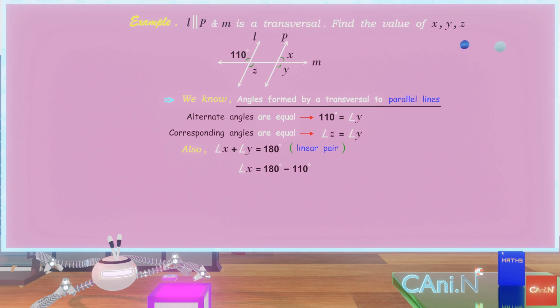So, angle X equals 180 minus 110. Therefore, angle X equals 70 degrees, angle Y equals 110 degrees, and angle Z equals 110 degrees.